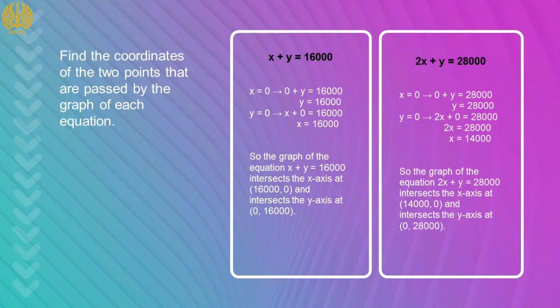From the calculation, we get that the graph of the equation 2x plus y is equal to 28,000 rupiah intersects the x-axis at (14,000, 0) and intersects the y-axis at (0, 28,000).